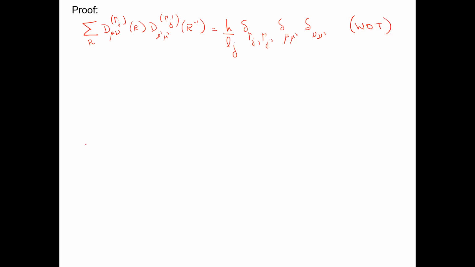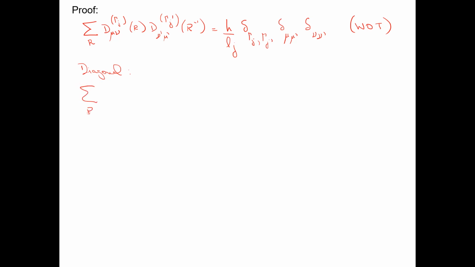So what we do is simply take the diagonal elements of this general result. So instead of mu nu, you use mu.